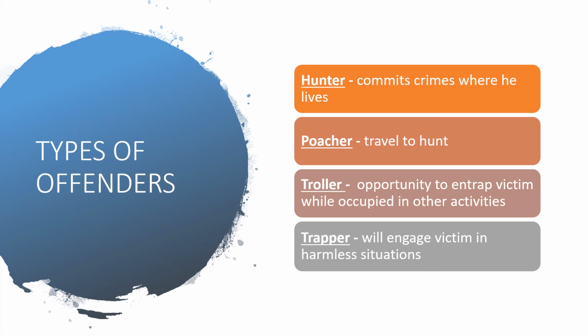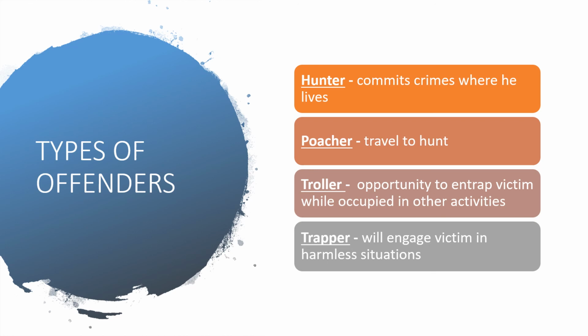The next is the troller. The troller seeks to cash in on an opportunity, which is generally some kind of encounter with a potential victim, while the troller is occupied in some other activity, and then he strikes. Think of a clerk performing his duties and getting personal information on a victim in the performance of those duties, and then uses that information to attack.